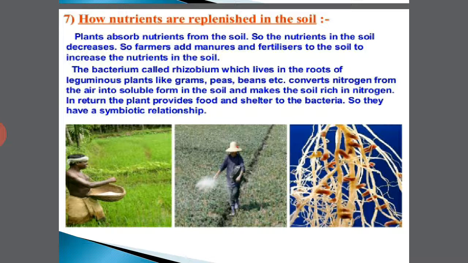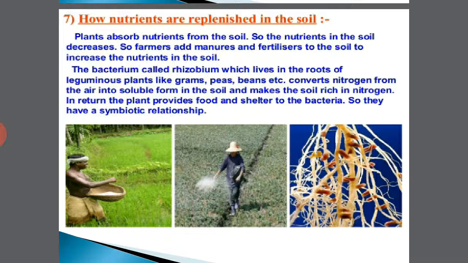soil. The bacterium called rhizobium, which lives in the roots of leguminous plants like gram, peas, beans, etc., converts nitrogen from the air into the soluble form. We all know the plants cannot take nitrogen directly from the atmosphere. We all know nitrogen is present in abundance, 78% is there.